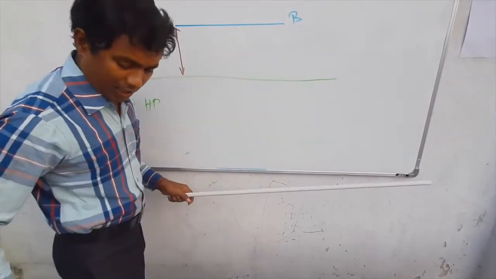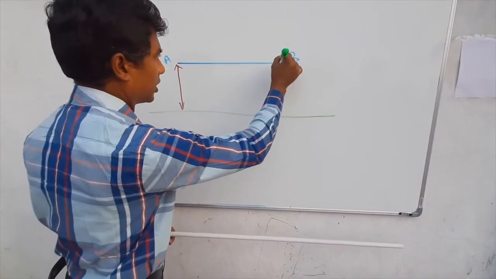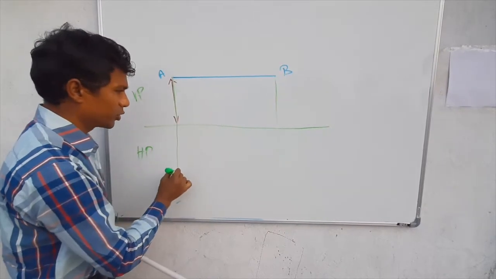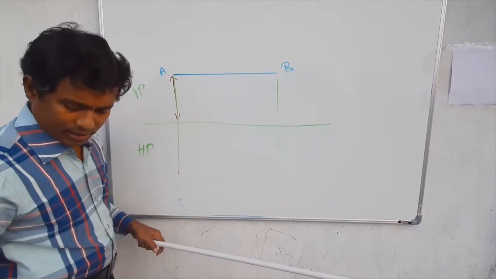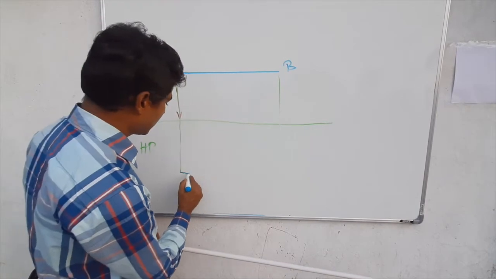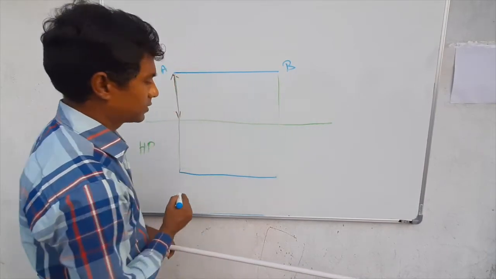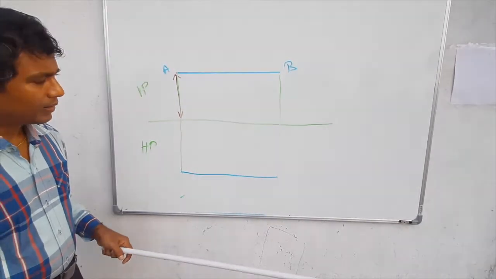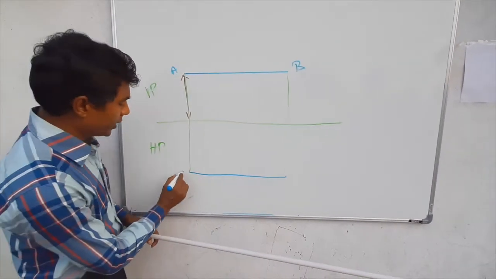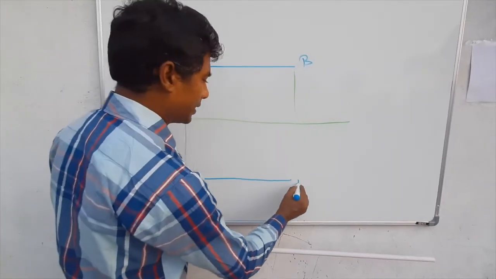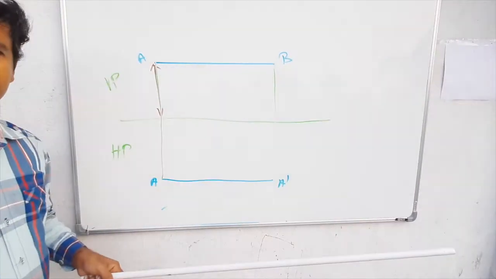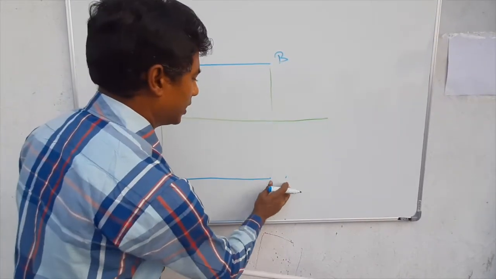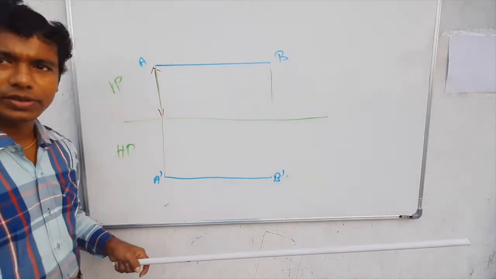The drawing method is to just draw the projection line from here. This is called the projection line, and at a certain distance, this is the projection. Here it will be termed as point A dashed, and this is the B dashed point.